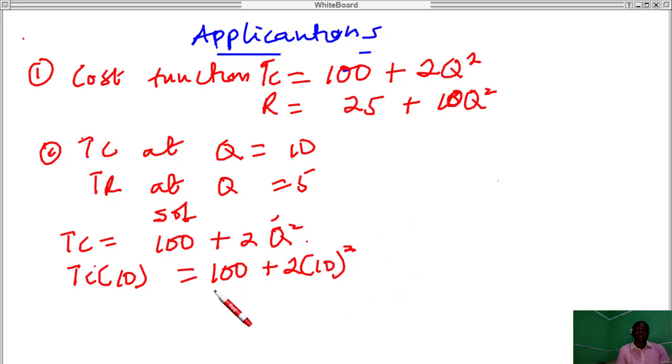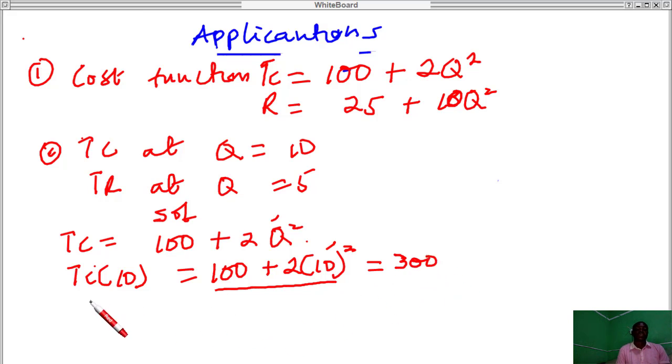With this one, use your calculator, punch the same thing on the calculator and write your answer. So it will be 300. This will be 100, and 100 times 2 will be 200, plus 100 will be 300.